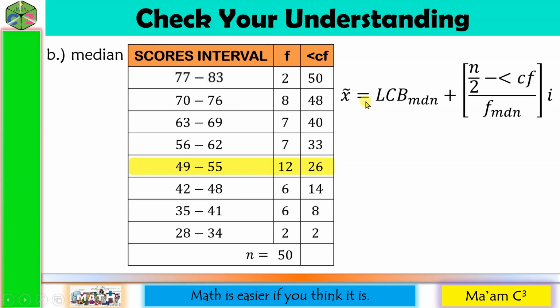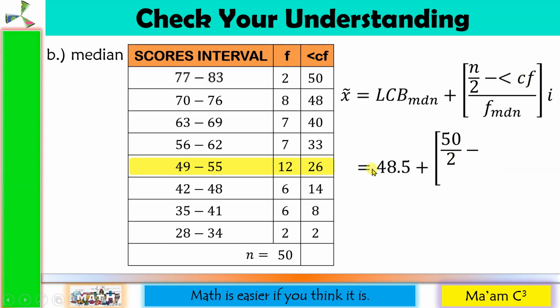So this will be equal to the lower class boundary of the median class. The lower class boundary of this, simply subtract 0.5. 49 minus 0.5 is 48.5. Plus, open bracket, our n is 50. So this will be 50 divided by 2. Minus less than cumulative frequency.